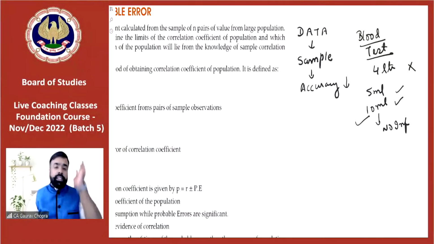If this 10 ml is correct, then the whole 4 liters is also infection free. So this is sampling. In data analysis also we take a sample, but here accuracy may hamper.